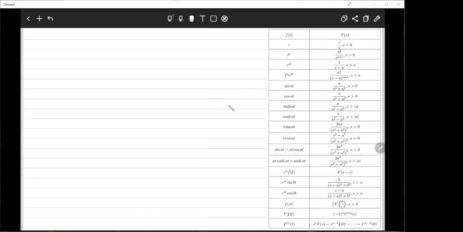So, solving IVPs using the Laplace transform. So let's consider this example. Y prime minus 4y equals e raised to 4t. Y of 0 equals 0.